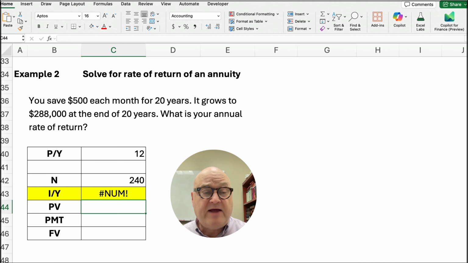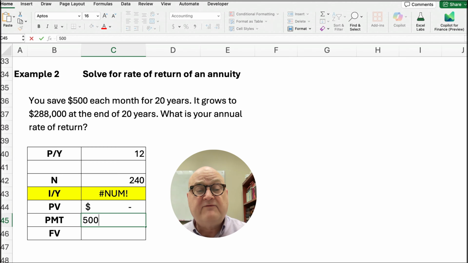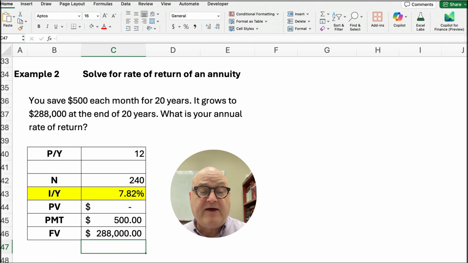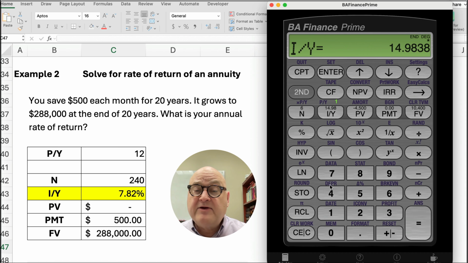The present value is 0. I don't have a present value here in this calculation. But my payment is going to be $500 every month we invested. It grows to $288,000. So what's my annual rate of return? Looks like it's 7.82%.